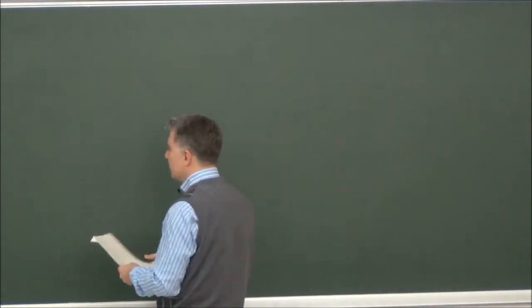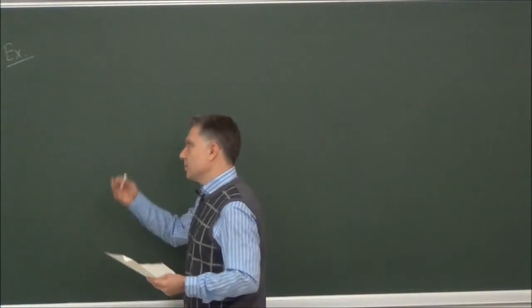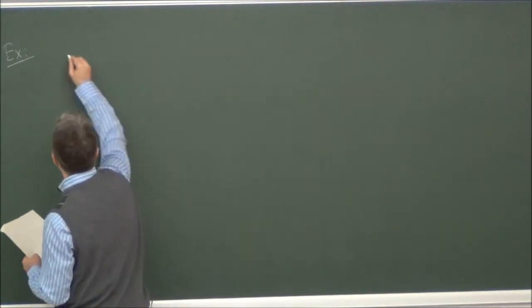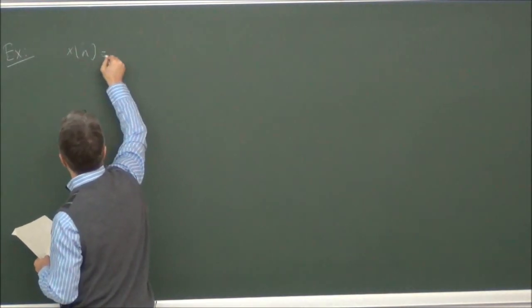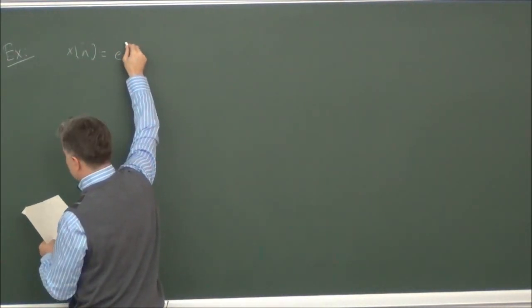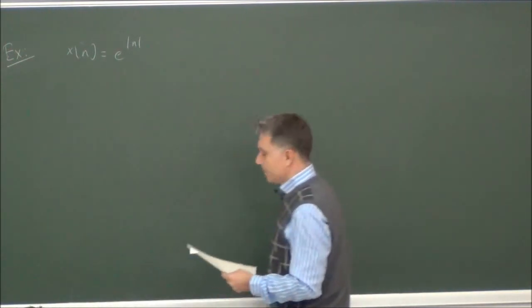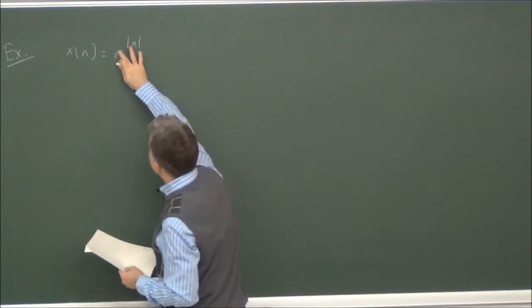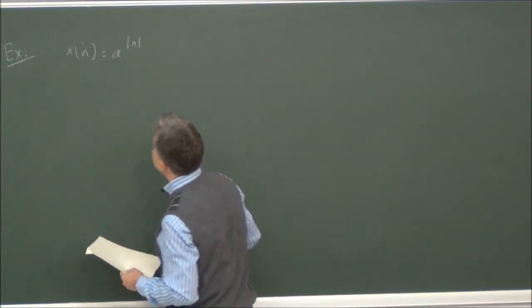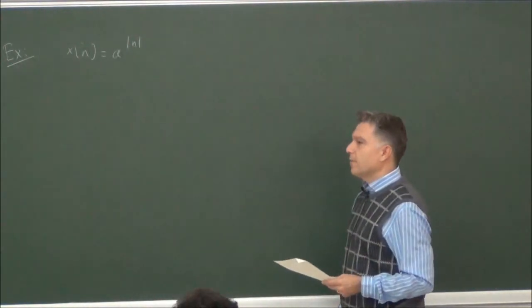Let's continue with some normal Fourier transform examples of non-periodic or regular signals, like x[n] is equal to e to the absolute value of n. Let's not call it e, let's call it a to the absolute value of n.